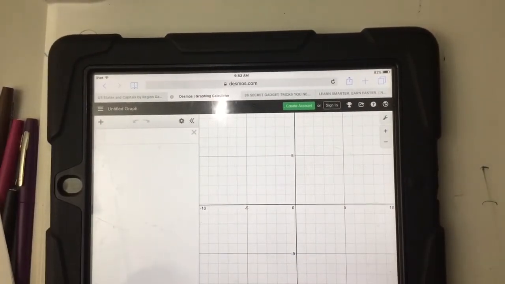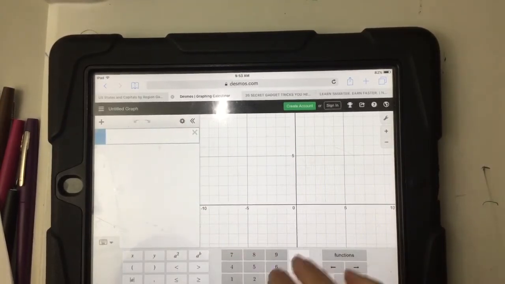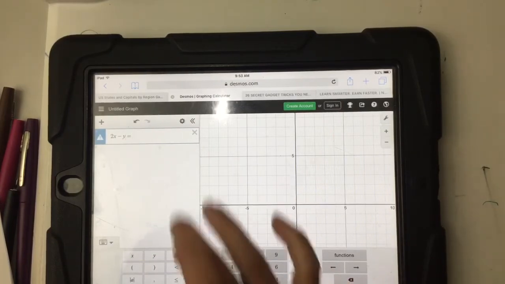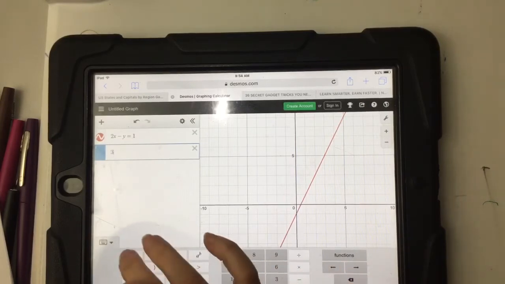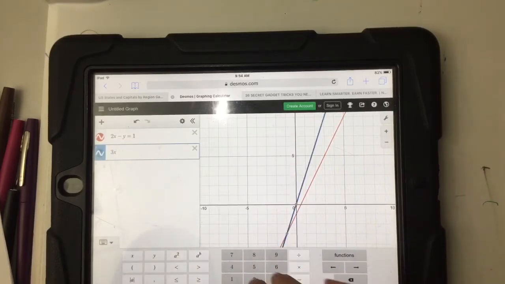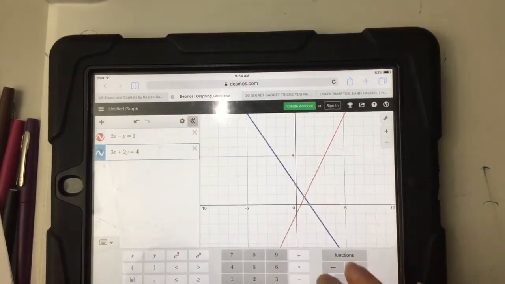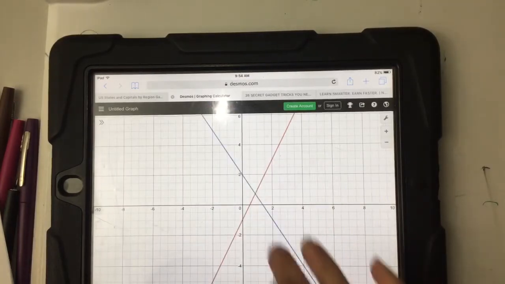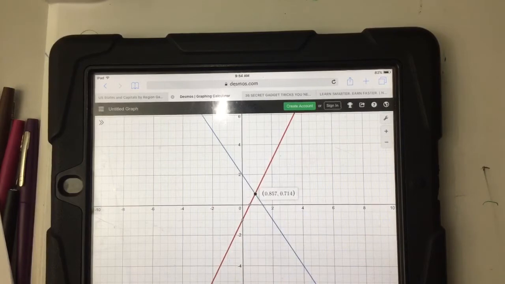Okay, if I am graphing on Desmos, you do not have to get y all by itself. So if I go 2x minus y equals 1, there is my line. Okay, now the other equation is 3x plus 2y equals 4. So if I go ahead and close that so I can see the graphs, what we're looking for, the solution to the system, is the point where they intersect.